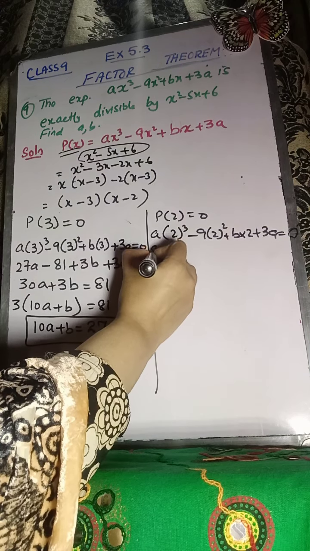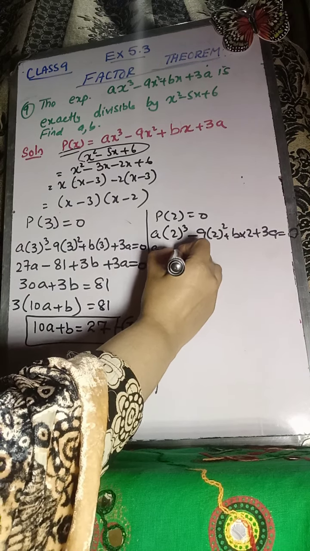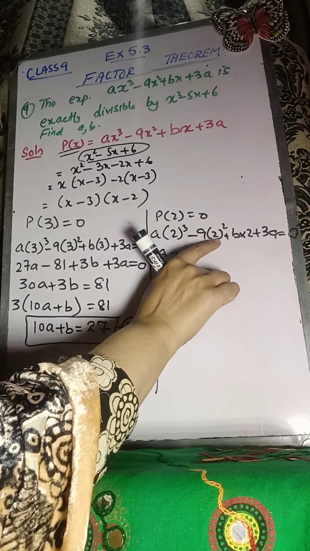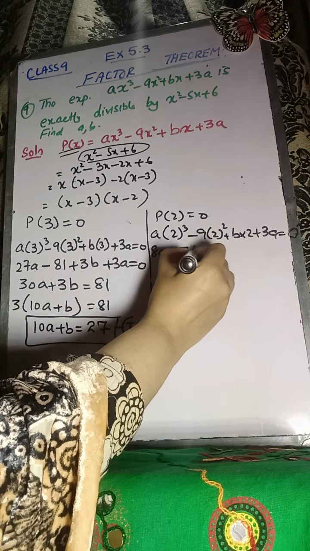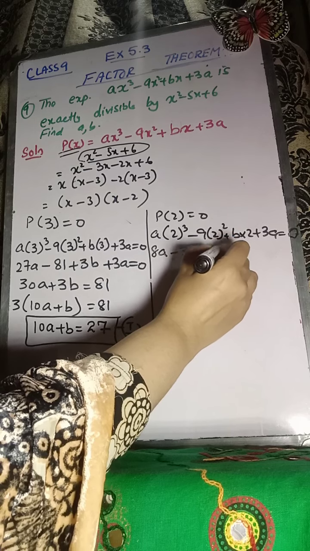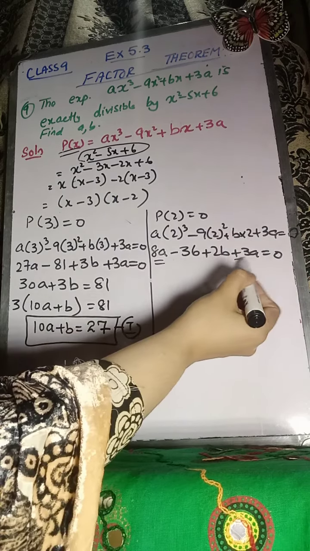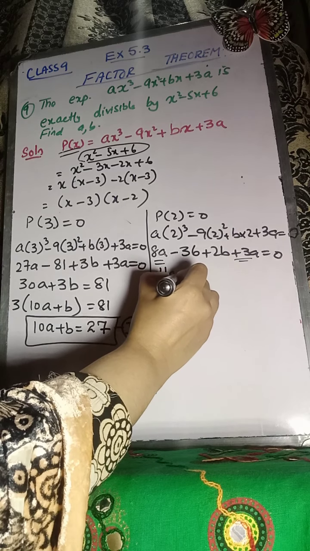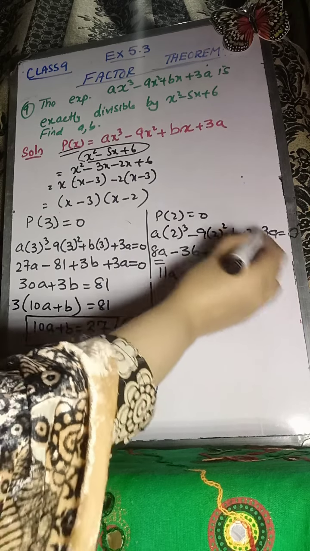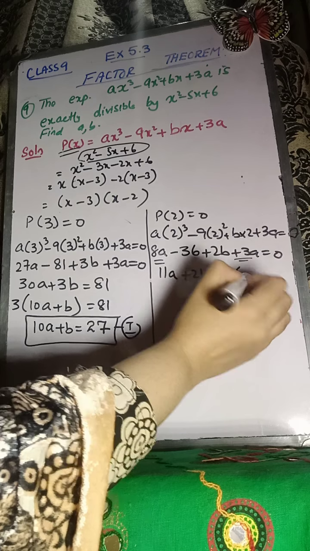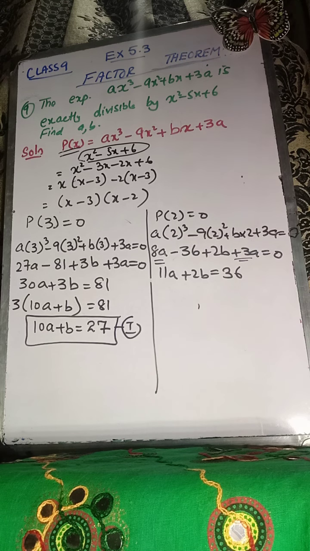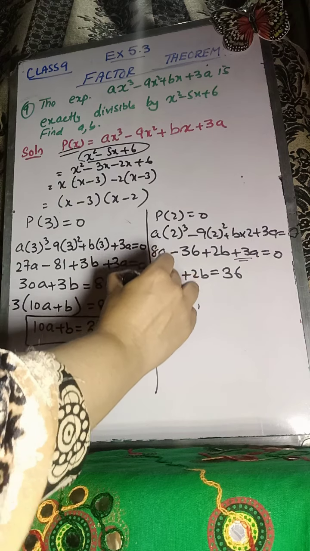So this will be 8a minus 2 square is 4, 4 nines are 36, plus 2b plus 3a equals 0. 8a plus 3a will be 11a plus 2b, and shifting 36 to the right hand side, the second equation will be 11a plus 2b equals 36. Now this is the second equation.